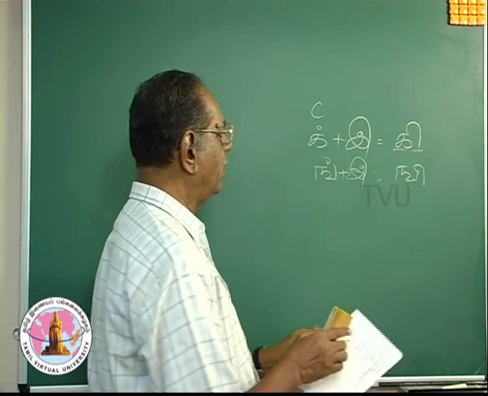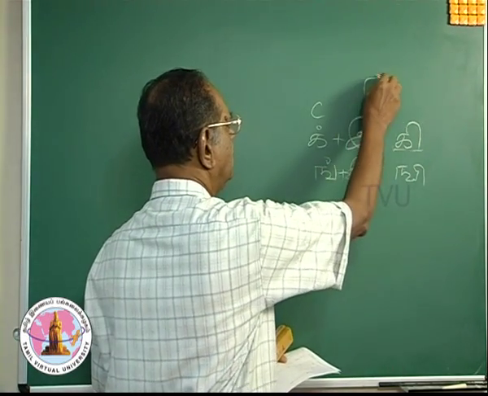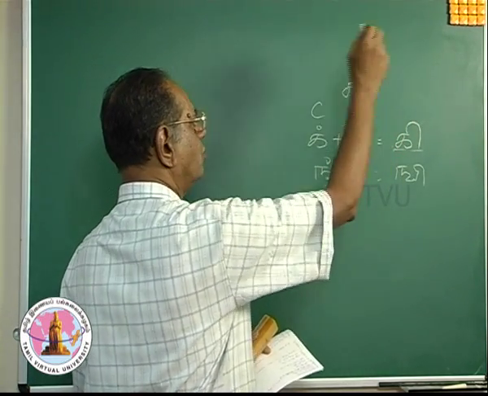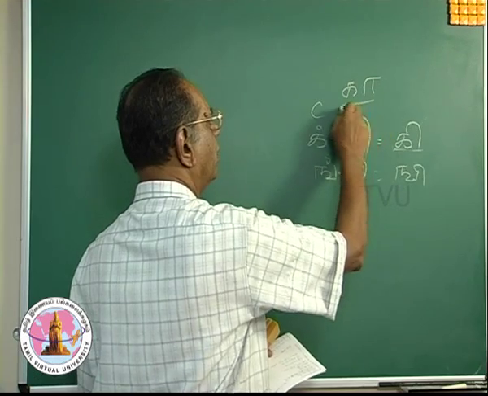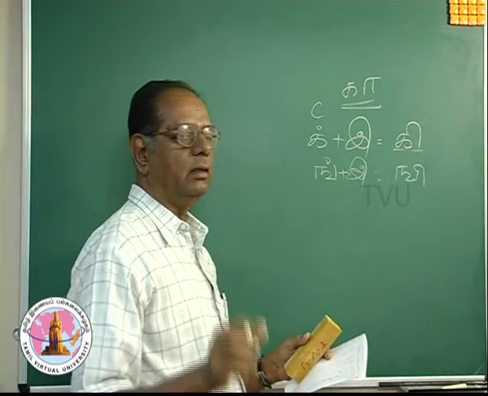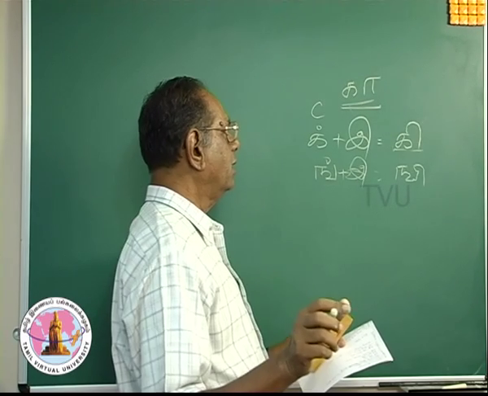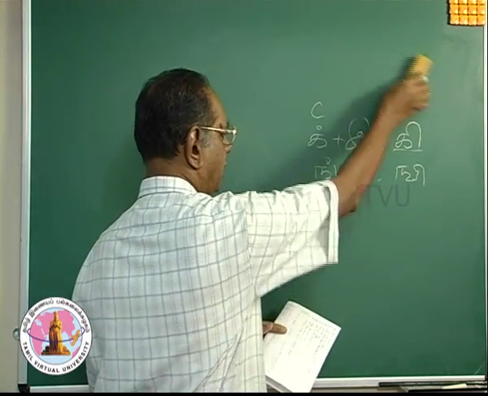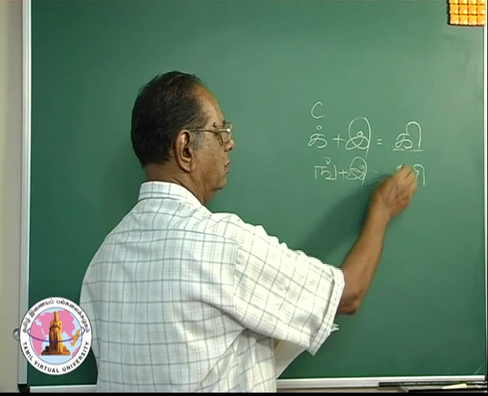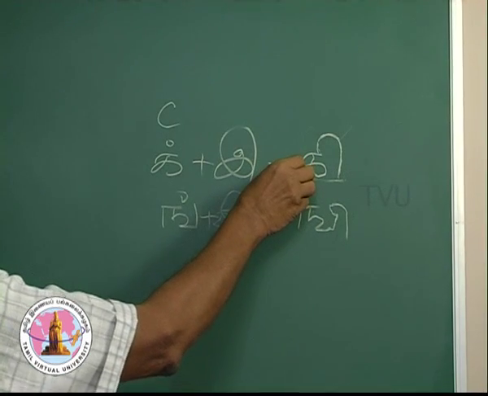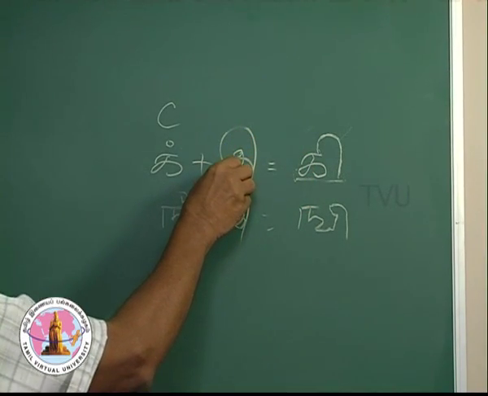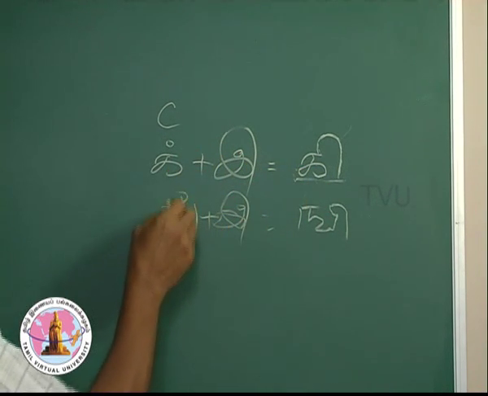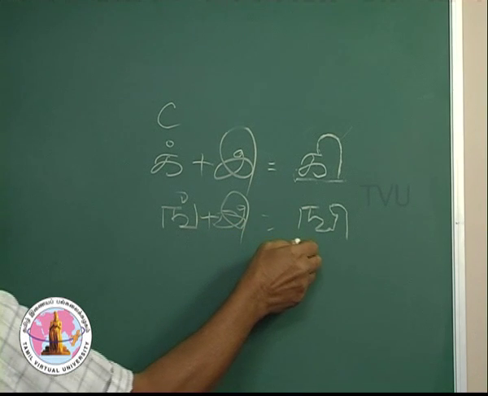And as we saw earlier, this is a marker, and when it is added to a consonantal vowel, the whole becomes one elongated letter. Now, like that, we have a marker to denote the vowel i. So, ik plus i, ki. Next letter n plus i, ni.